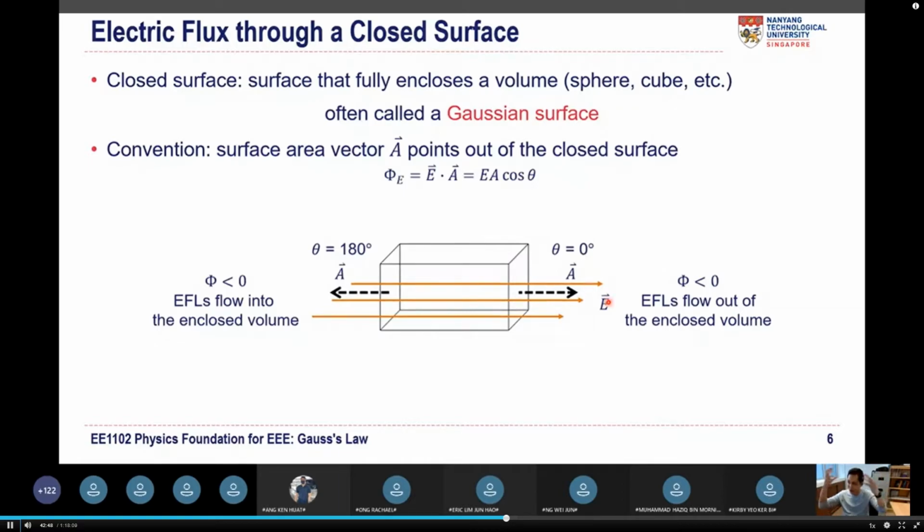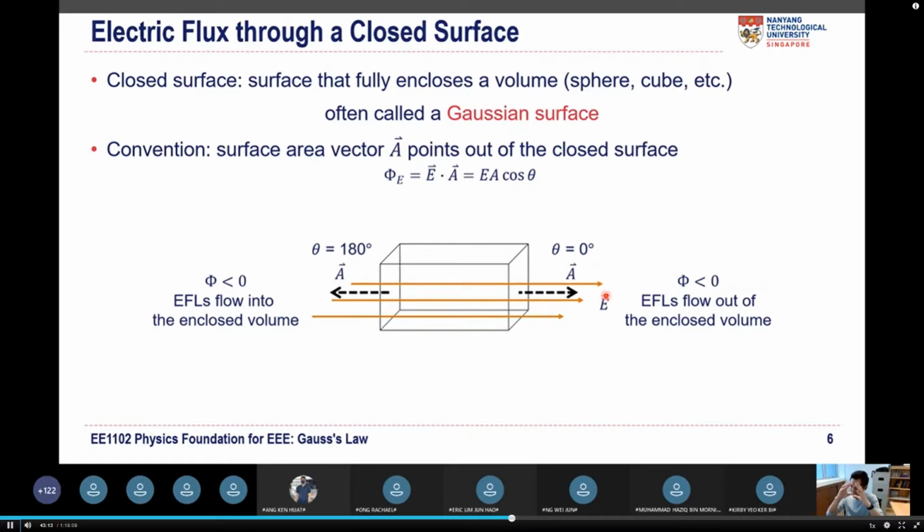When you add all the lines going into the surface and lines coming out of the surface together, you will be able to count the number of electric field lines that have terminated inside this enclosed surface, which will be proportional to the net charge inside.